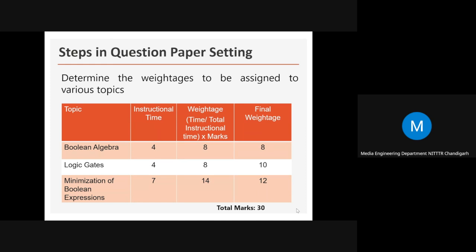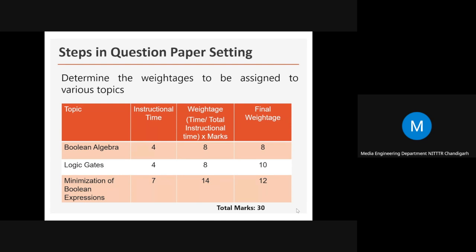For example, here you can see that this division is for a test of 30 marks on these three topics. We want to decide, out of 30 marks, what will be the weightage of the first topic, and of the second and third. So we can write the instructional time in one column: 4, 4, 7, right? Then we can use this formula: time divided by total instructional time, into marks.